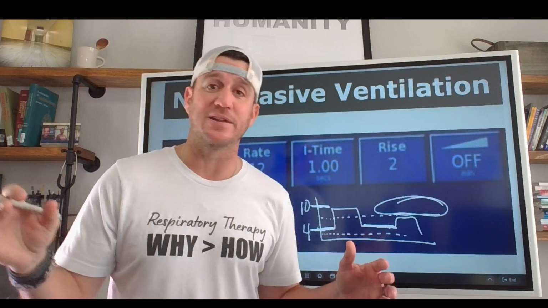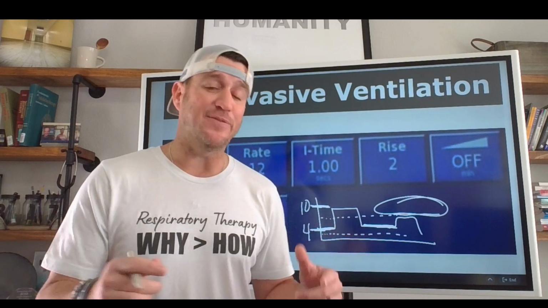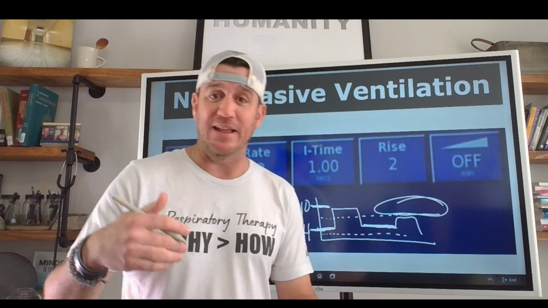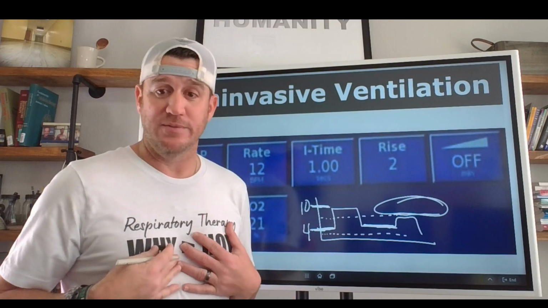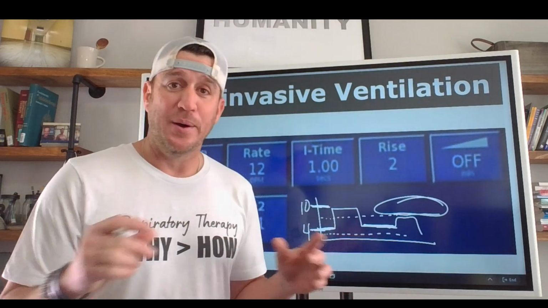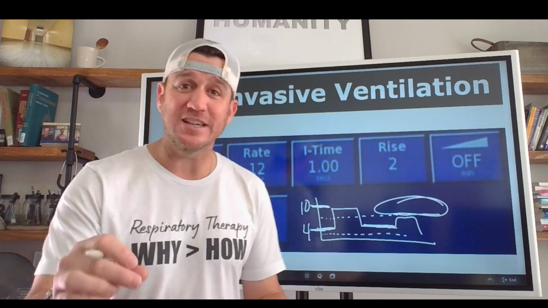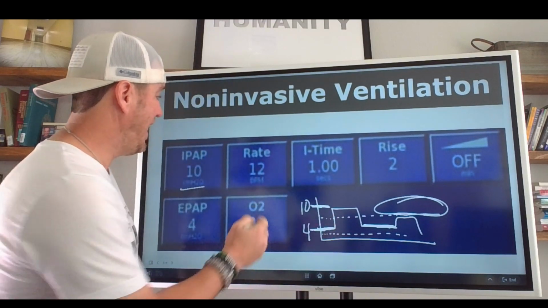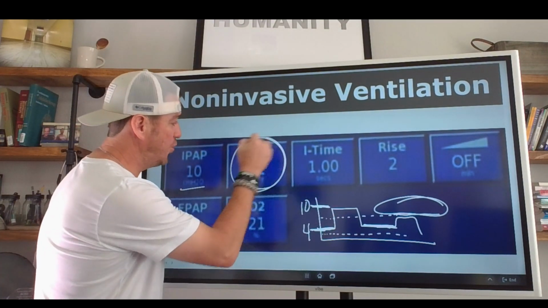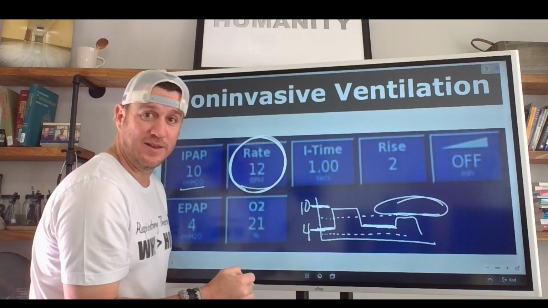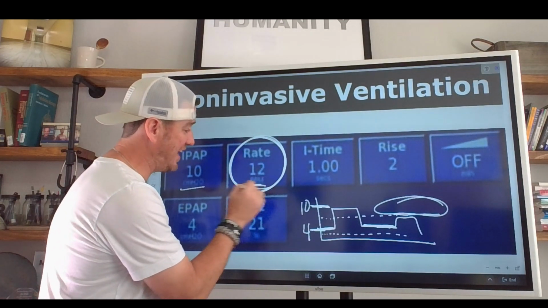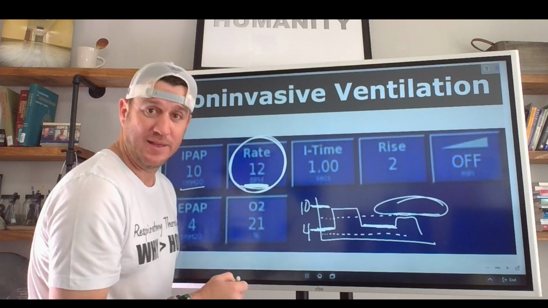This is perfectly fine. And if it drops to 9, then the ventilator is going to let us know. Okay, that sounds good. But here's the problem. How's it going to drop to 9 when we have a backup rate of 12 set? You've got a respiratory rate set at 12 breaths per minute.